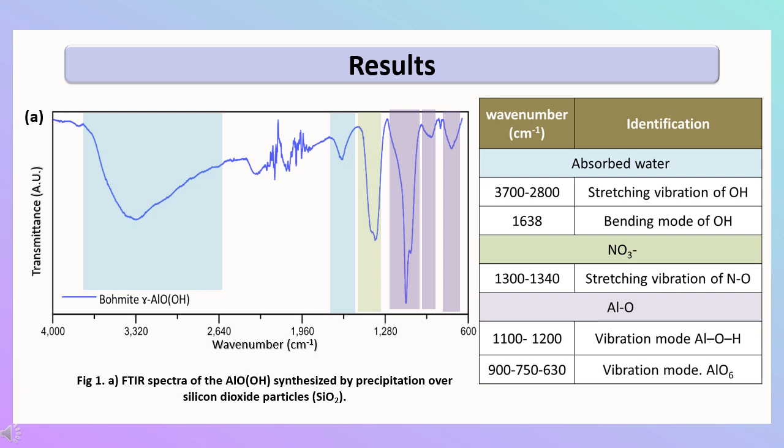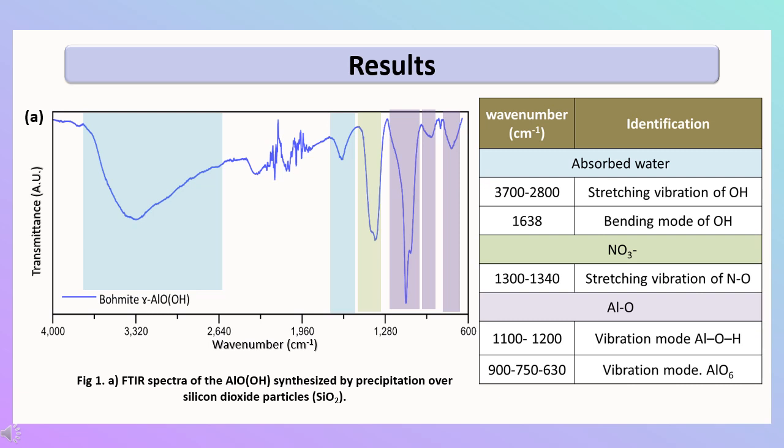The samples were measured using FTIR between 0 and 4,500 cm⁻¹. Figure 1a shows the spectrum corresponding to the precipitate over silicon dioxide particles.